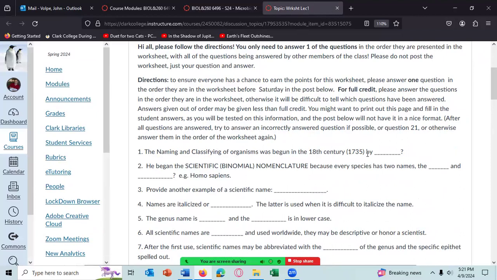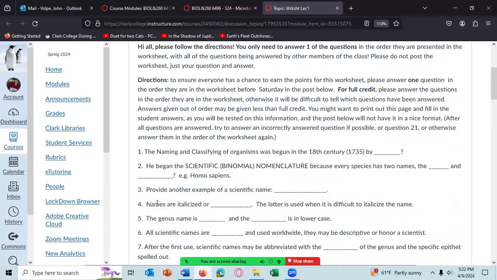And you do need to answer the questions in the order they are in the worksheet. So if you're the first person to log into the worksheet and start to answer, you will get question 1. And then question 2 will be answered by the second person who comes in. If you're the third person, with a question like provide an example of a scientific name, and you don't like that question, just skip it, let somebody else answer it, and then log in again and answer the next question which is available.